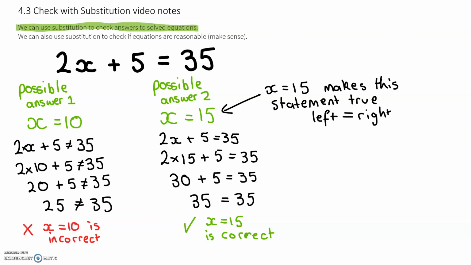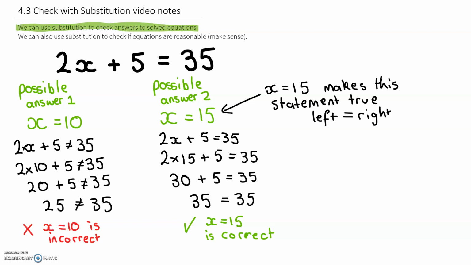Cool. So now we know how to check our equations and see which answer is correct. If your left side equals your right side when you substitute, that means it's going to be correct. And if the left side doesn't equal the right side, it's going to be incorrect. Cool. Okay, we can do that.